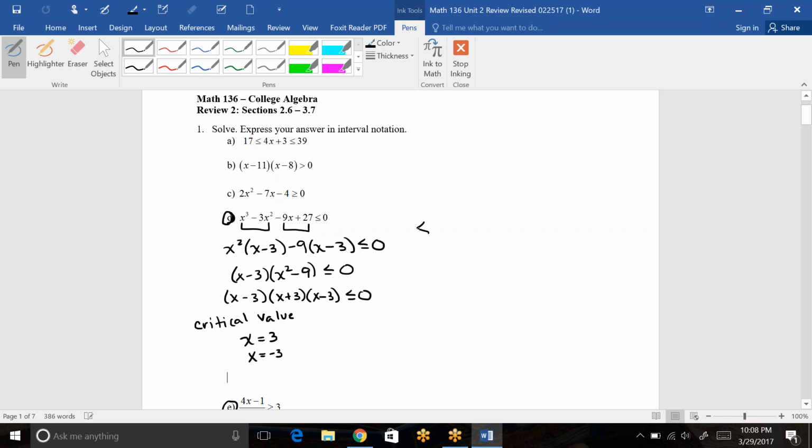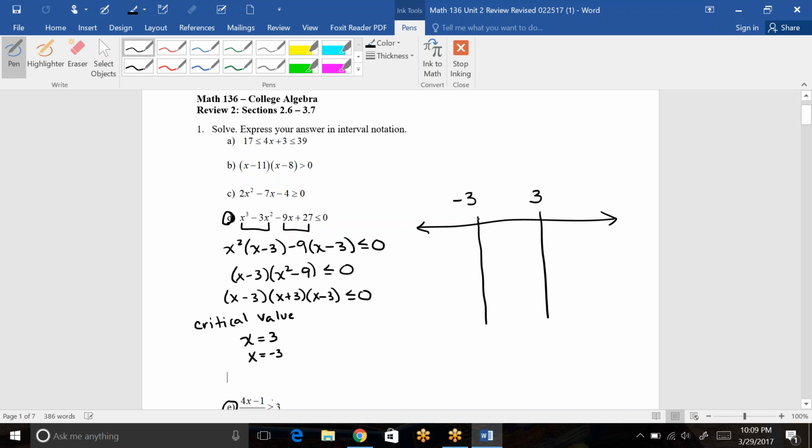So once you have your critical values, you place them on your chart, which is a number line, from least to greatest. Because these are both things that were on top, we don't need to do anything like have an open circle because of the denominator. We'll talk about that in a minute with this one.